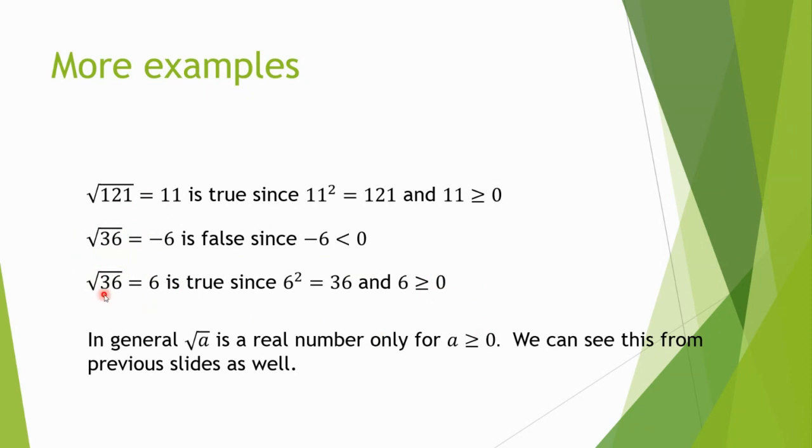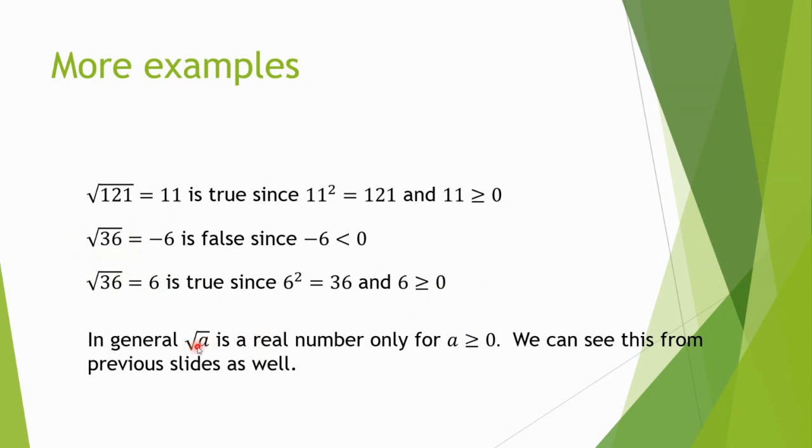Square root of 36, right? That's going to be 6. Again, 6 squared is 36, but 6 is also non-negative. And this is just what I was trying to say before. You can only take the square root of something that's non-negative.